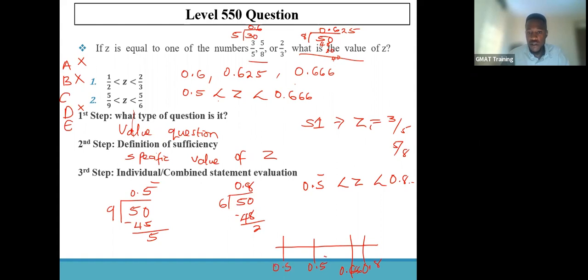And then we can say that the three values, that is 3 over 5, 5 over 8, and 2/3, fall in this region here.